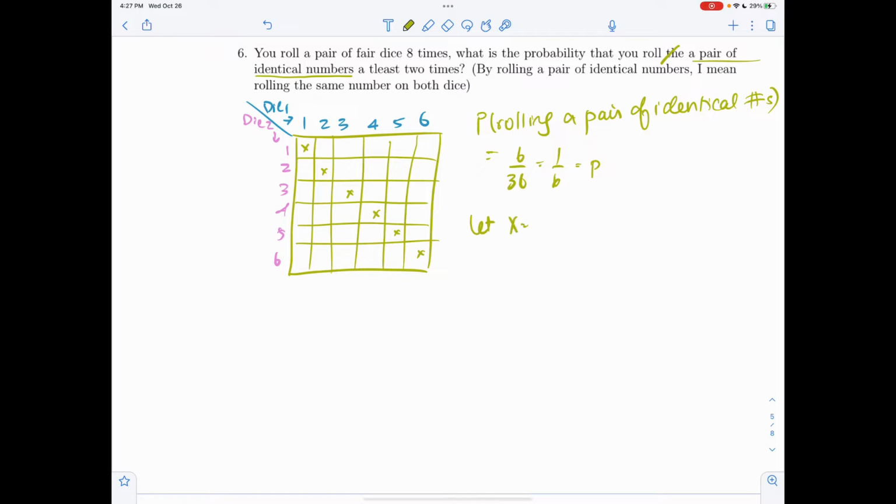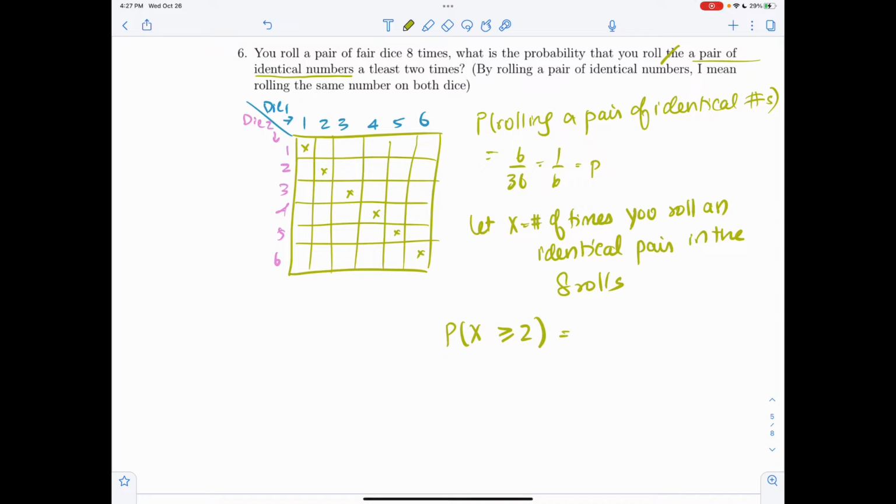So let X be the number of times you roll a pair in the 8 rolls. So what are you being asked? What's the probability X is at least 2?